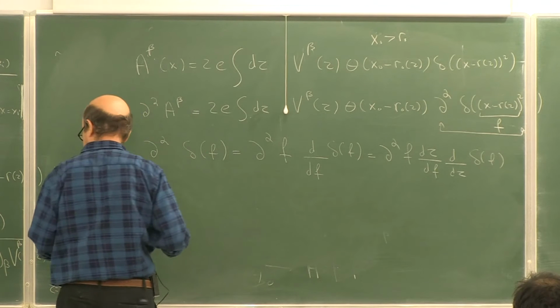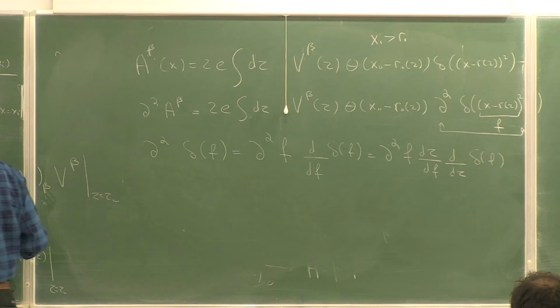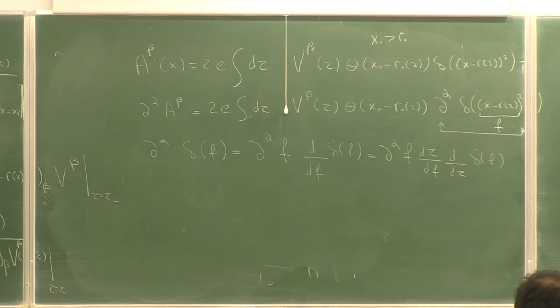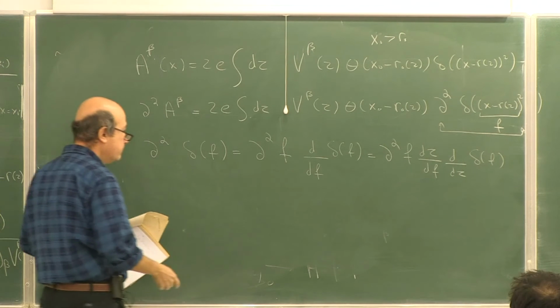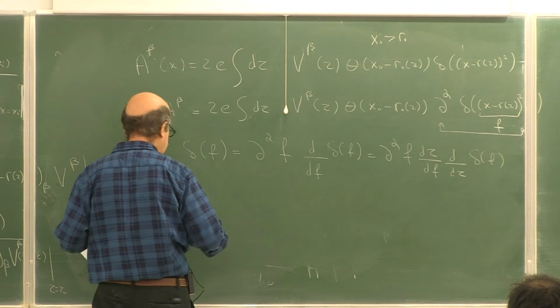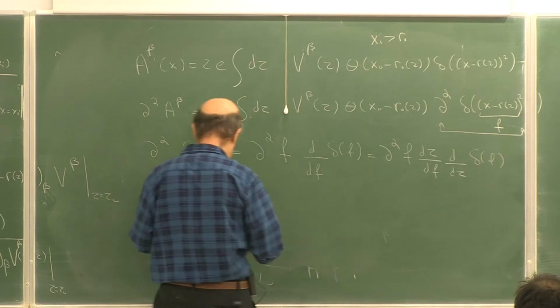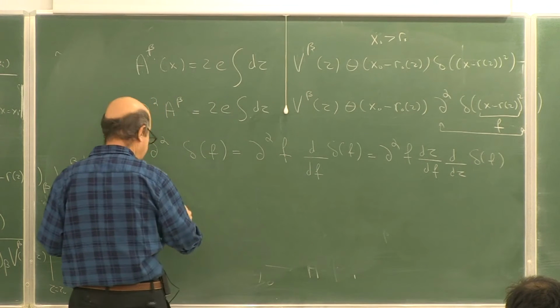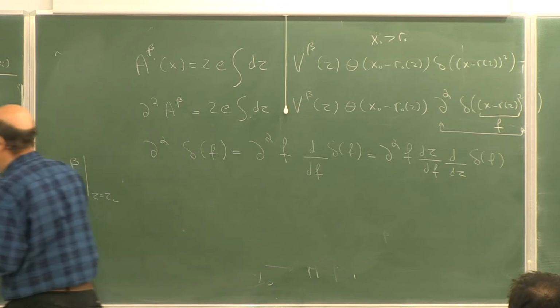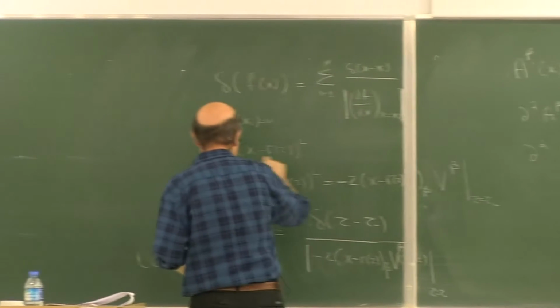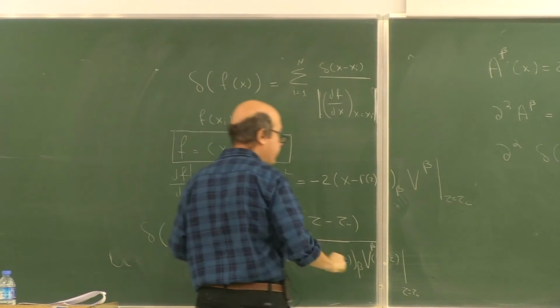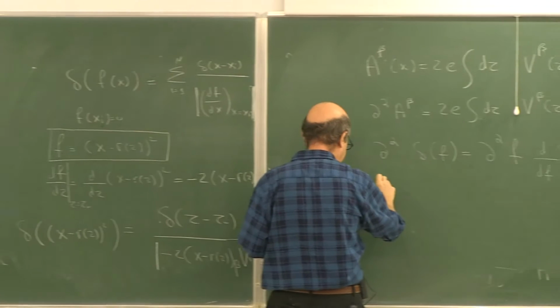So let us try to calculate the elements. So df over d tau is given here, and we have to take the inverse of this quantity. Then we have to calculate here del alpha f. And f again is x minus r of tau squared.